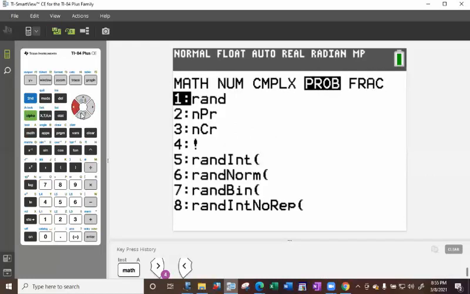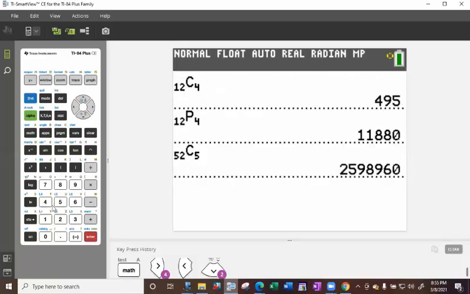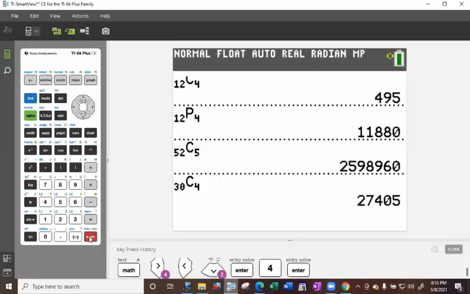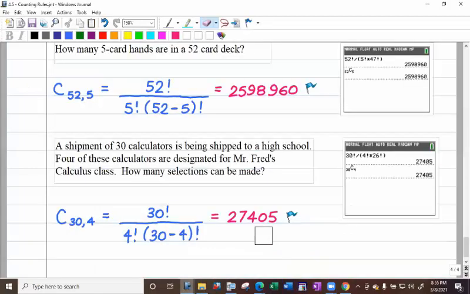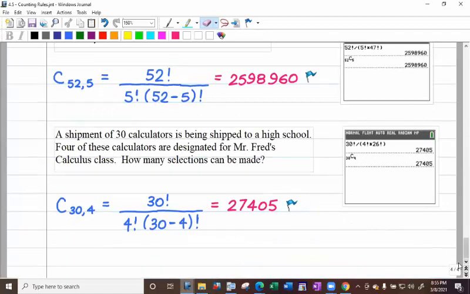Okay. Oh, I hit the enter twice there. Sorry about that. There it is. And that looks like, content-wise, that's it.